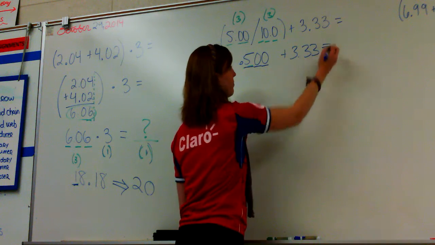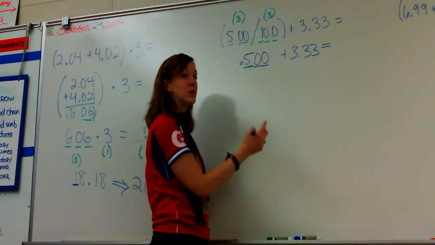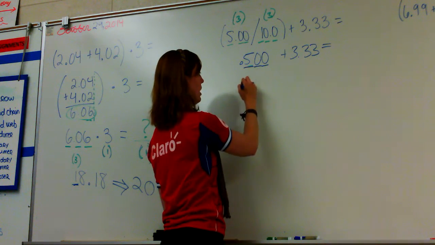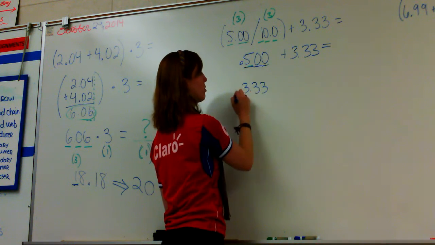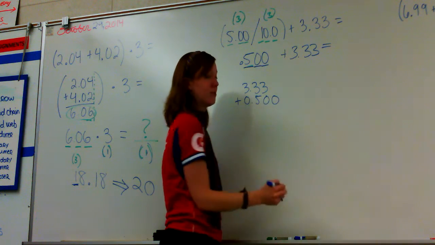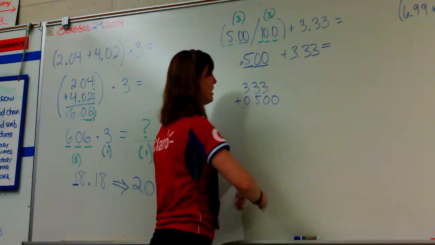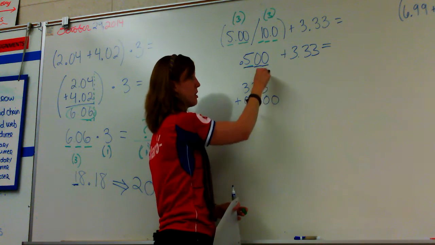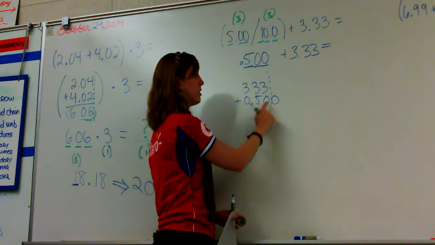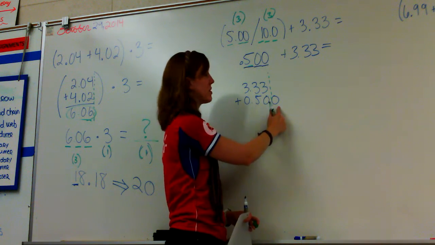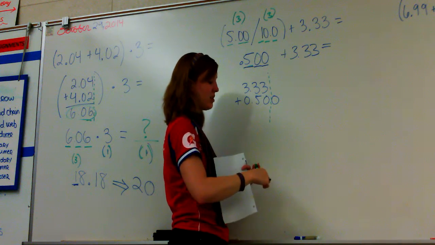So now I am ready, because I have 3 significant digits, to move on to the next step, which is to add. So I'm going to rewrite this problem if I'm going to do it by hand. I would write 3.33 plus 0.500. And now I can see that, oh, this only goes to the hundredths place. 0.500 goes to the thousandths, but 3.33 does not.